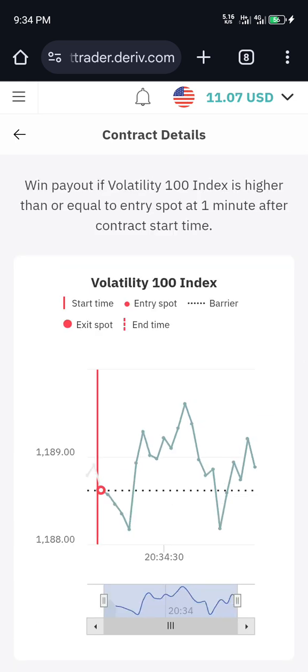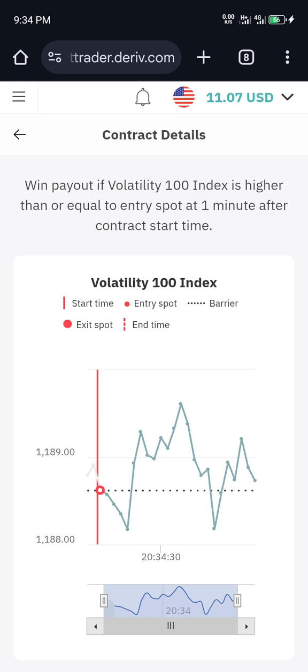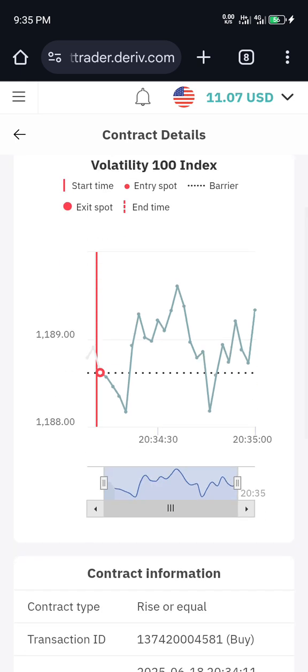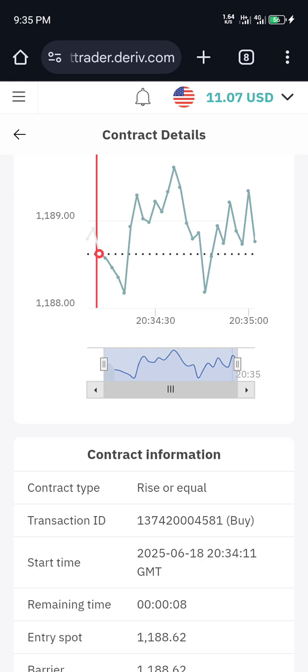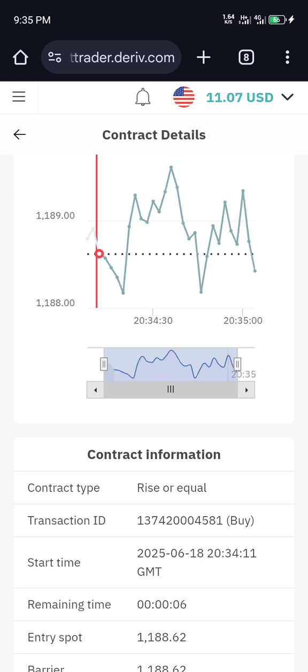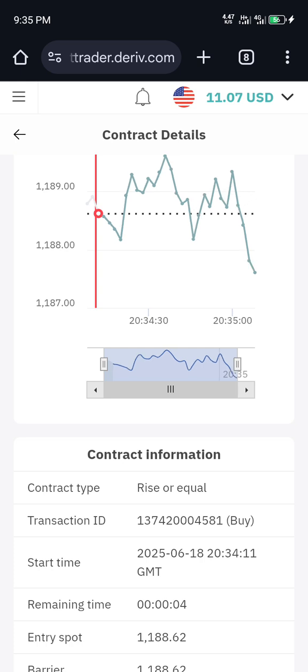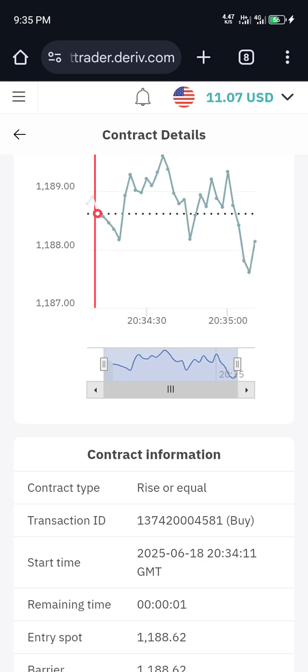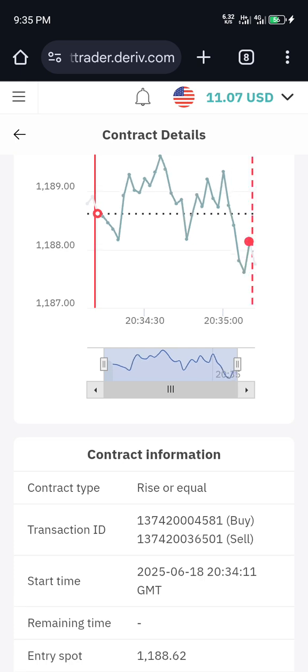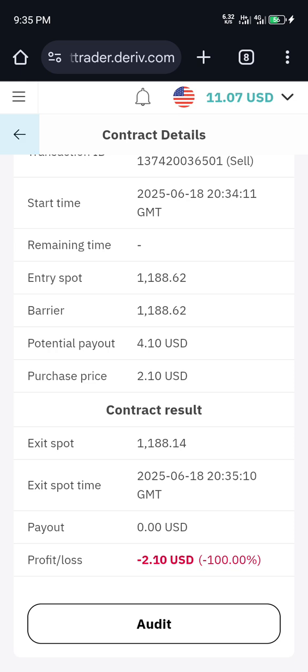It's a really oscillating market. We just hope it ends in our favor, or else we are returning to stage 4. We are going down to stage 4 again.